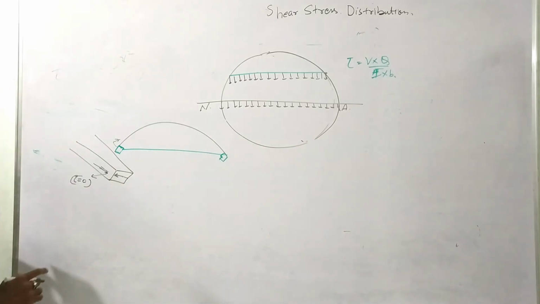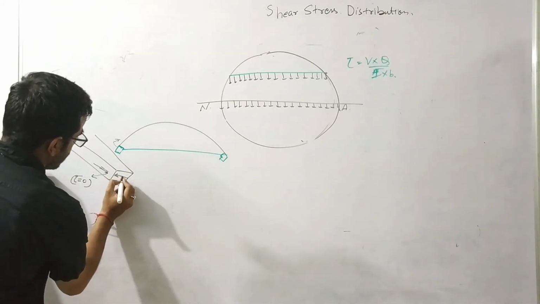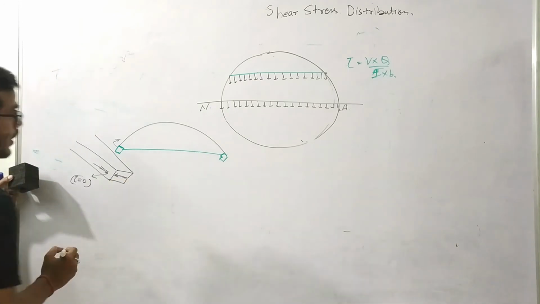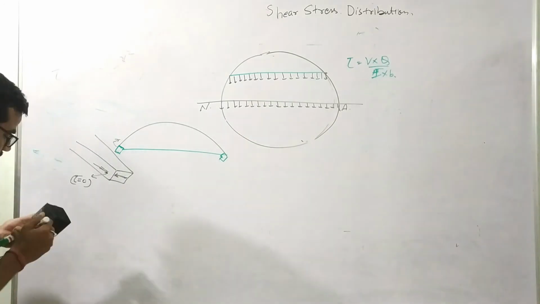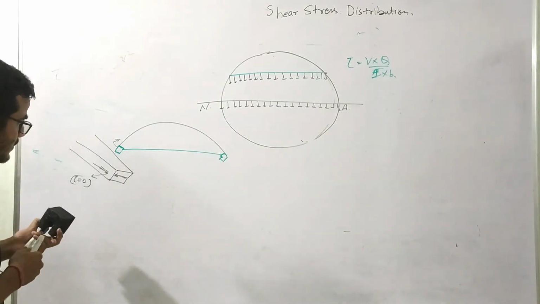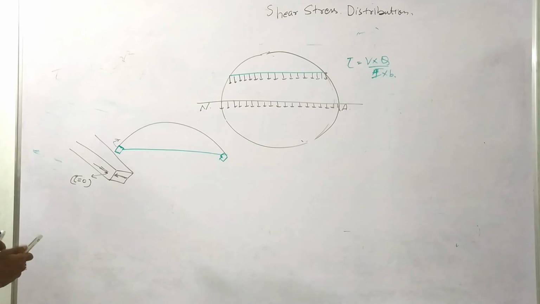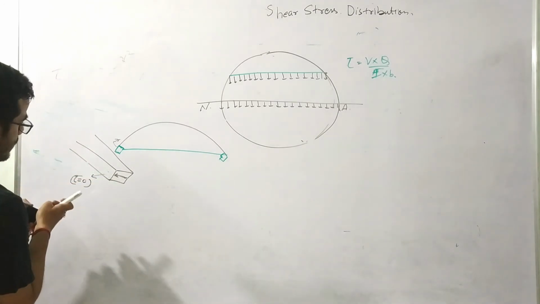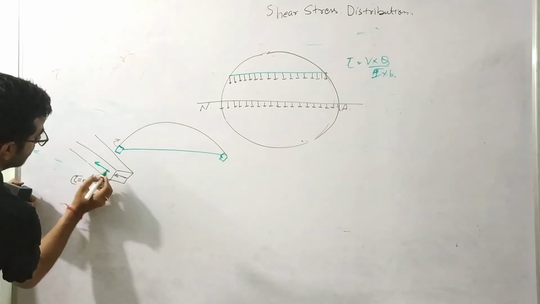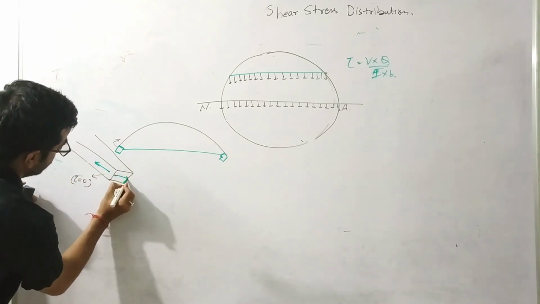Now, as per this formula, my stress should act in this direction. If I draw this figure over here, it will look like this.